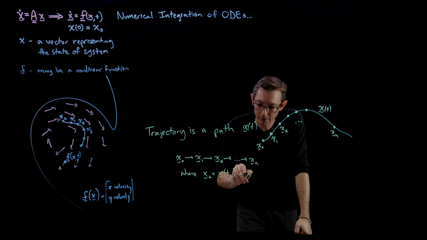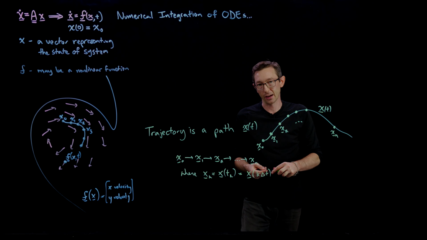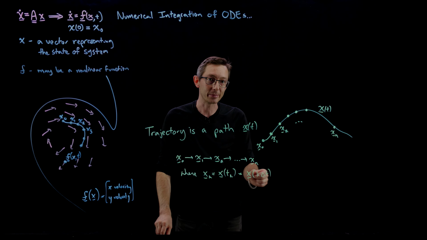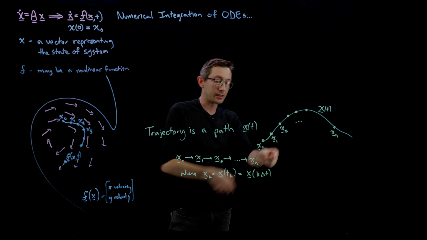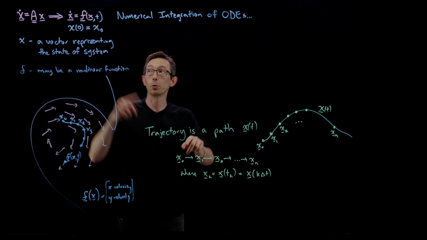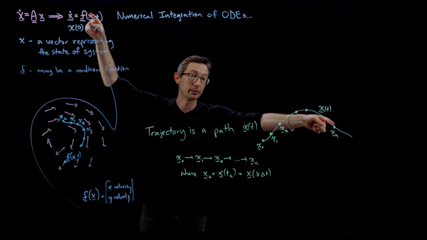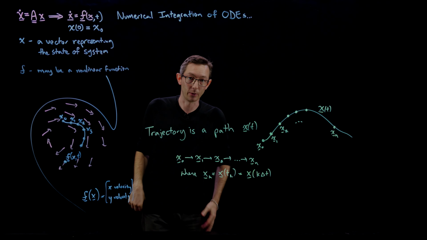So tk, my kth time instant, would actually be k delta t time steps. You don't have to take constant time steps, but usually in our numerical integration schemes, we're going to be taking these constant time steps. We'll cook up an algorithm that will step the system forward, that will approximate this true trajectory at these discrete time instances for this differential equation.